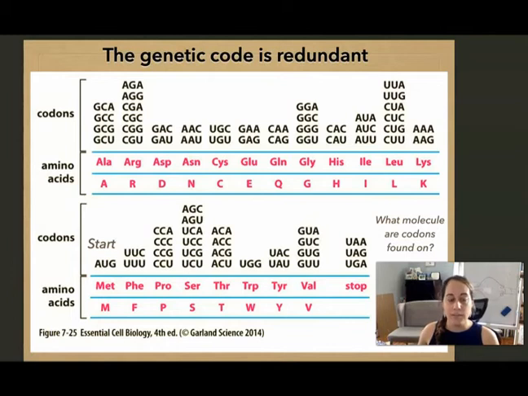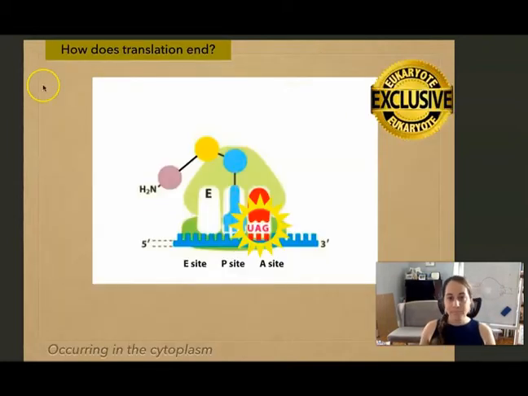And the stop codons, as I said, actually match up to something called a release factor instead of a tRNA. And that is shown here. So here we see a stop codon, the UAG, and that is going to be bound by something called a release factor.